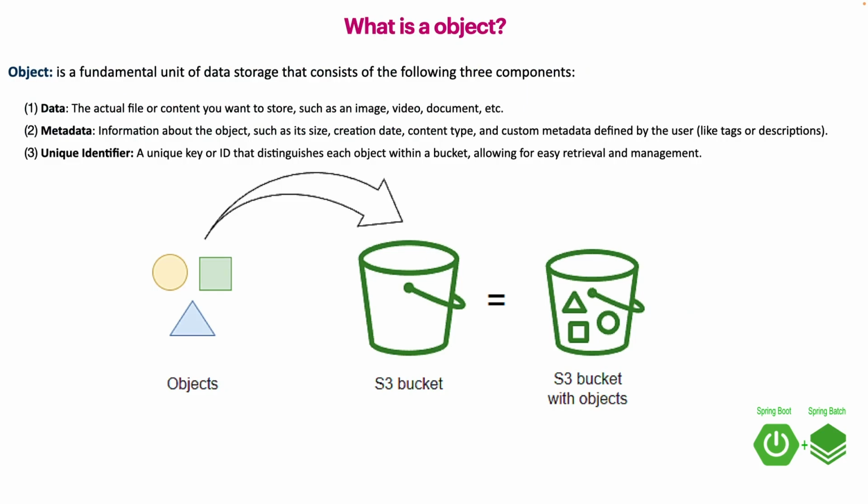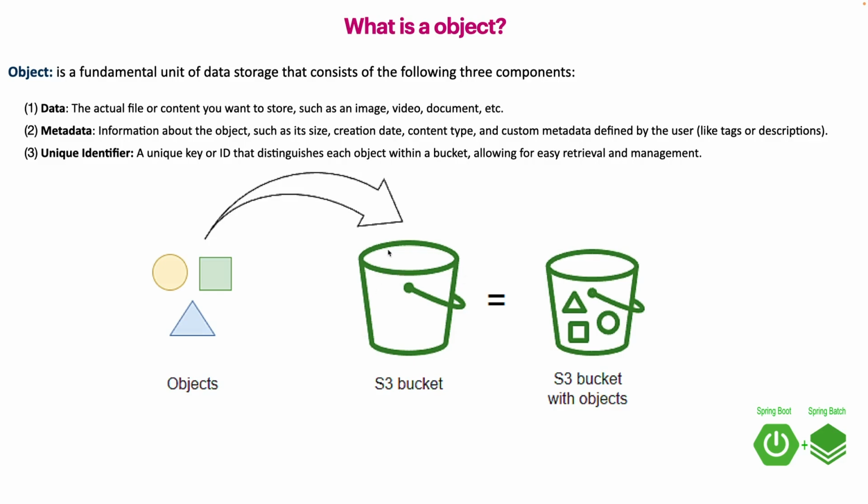When we think about the object, we can understand that an object contains data. The data is the actual file or the content that we want to store, such as image, audio, video, PDF, and so on. Then it also contains the metadata. This is information such as the size, the creation date, and so on.